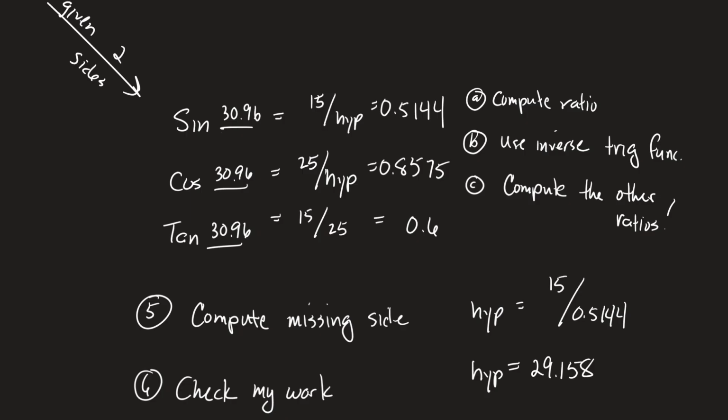Pretty close. So I checked my work. It works out. That's the hypotenuse. Now, for us, getting the angle was the hard part. You could have gotten a hypotenuse from Pythagorean theorem. Most of you were able to do that already. It was getting the angle that was new. Okay.